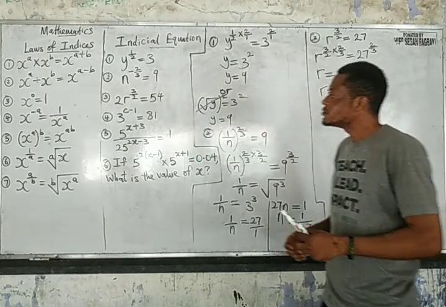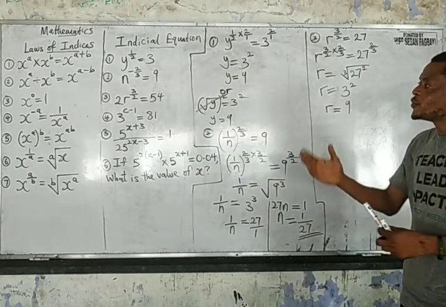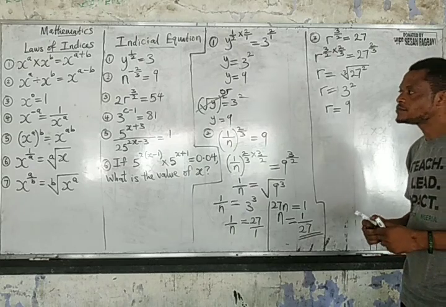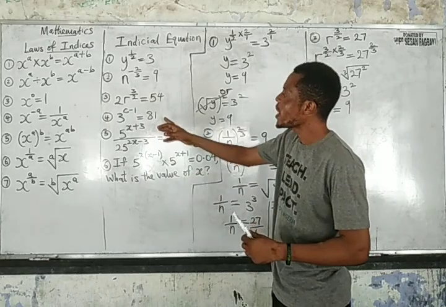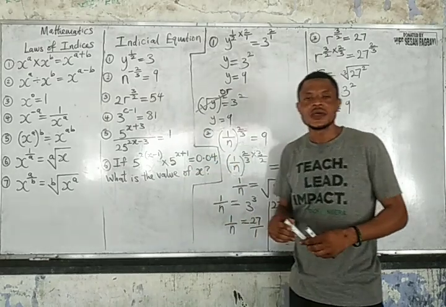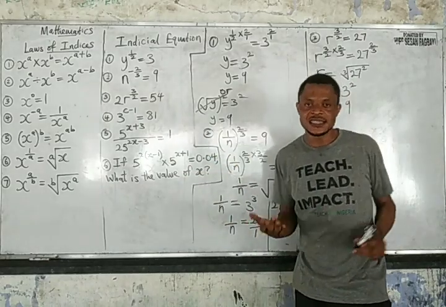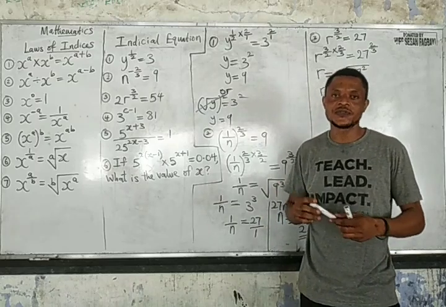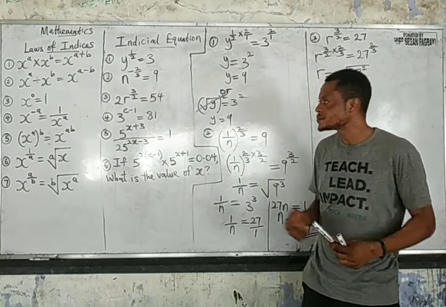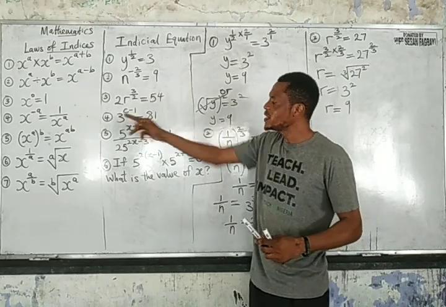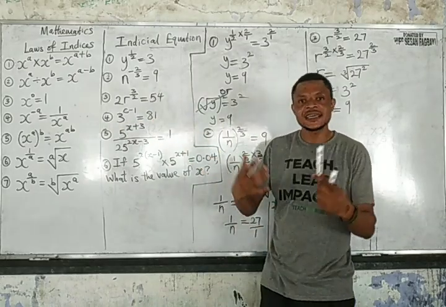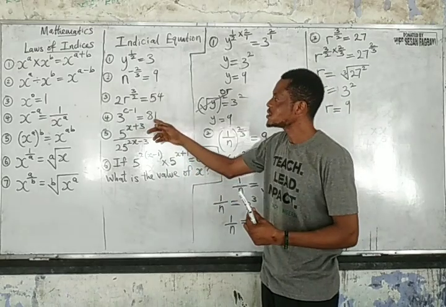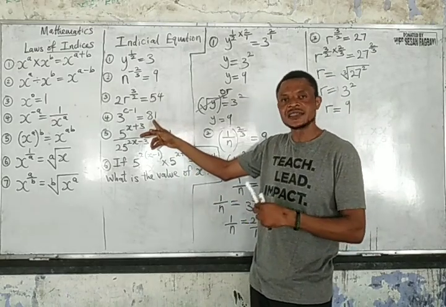We have a very beautiful one there. Question number 4. We have 3 and we have 81. There is something called indexing when you are tackling questions from initial equation. So far we have 3 here. This 81, we can index it so that we have 3 as the base.